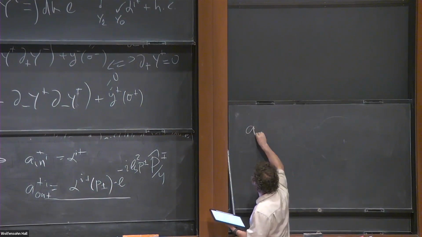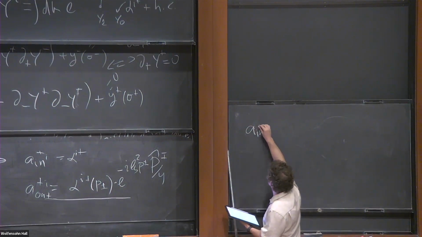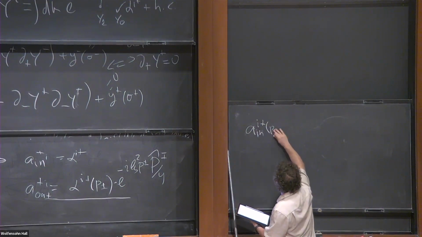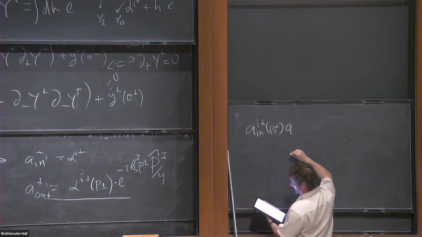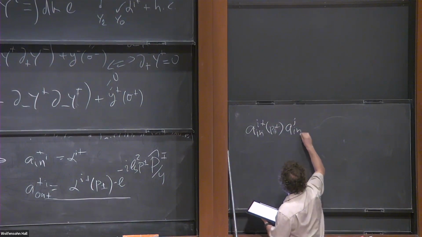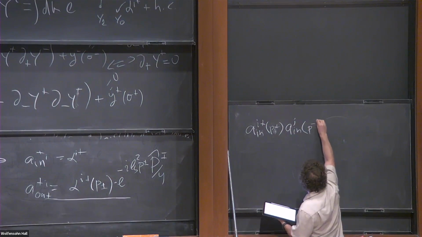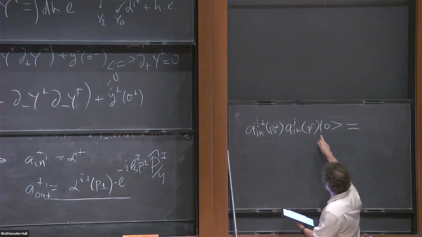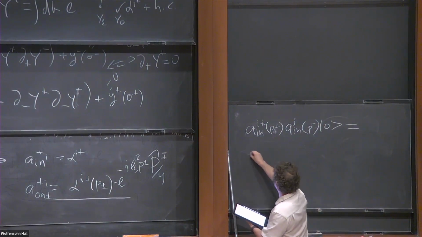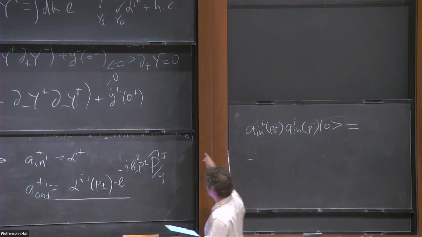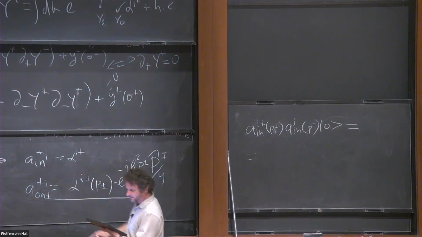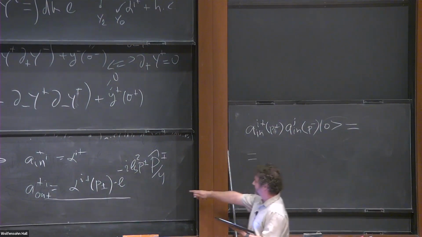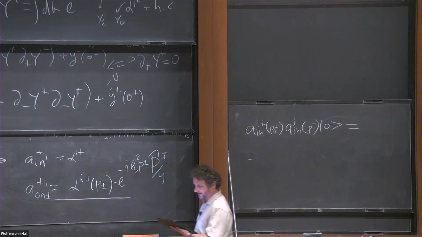Let's look at the two particle in state, a plus i of p plus a j of p minus acting on the vacuum. This is the same as acting by these alpha operators on the vacuum, and then we write it through the a out operators.